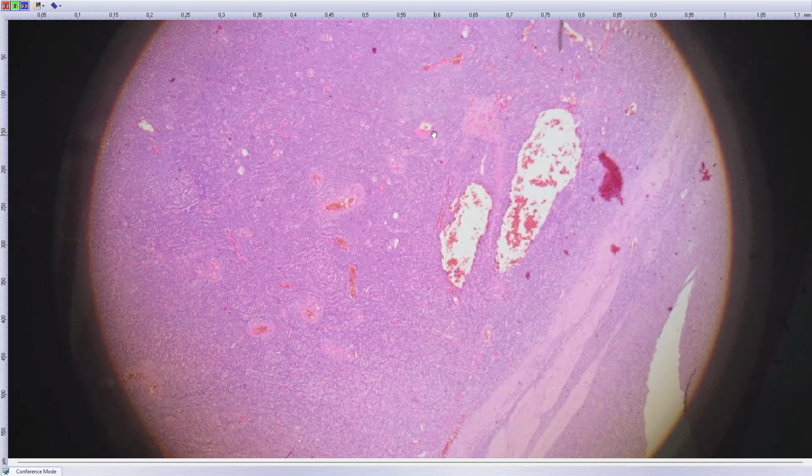Yeah, and here I have a case. I showed you another one in one of the first seminars, but here I have another case. It's an ovarian lesion.